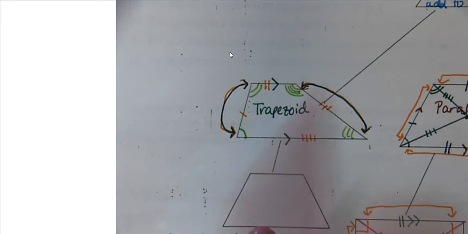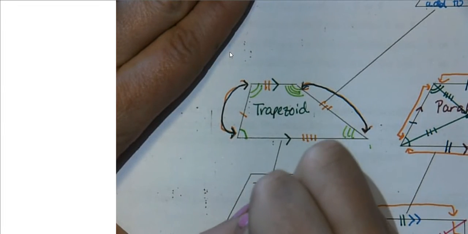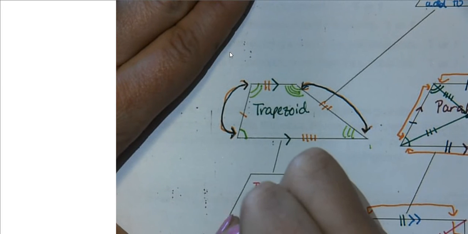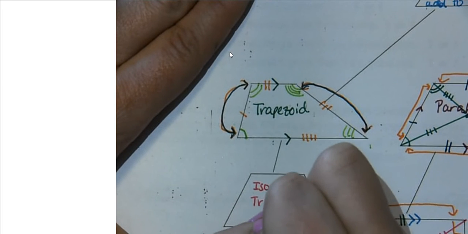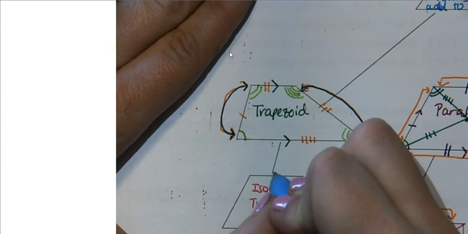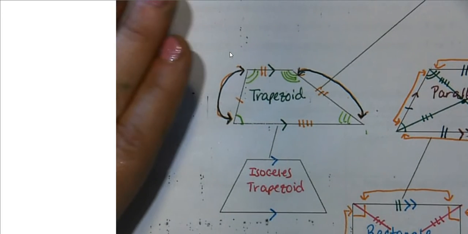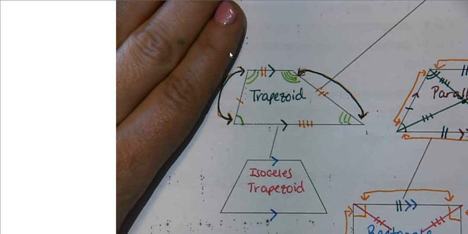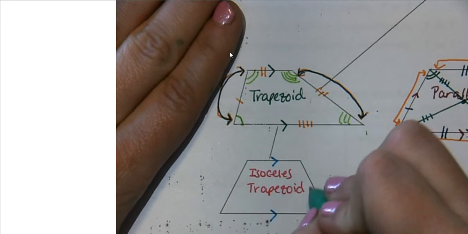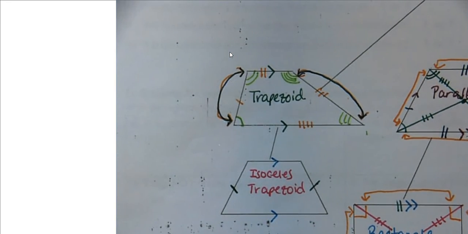Below it, we have an isosceles trapezoid. Because it is a trapezoid, that means that it has one pair of parallel sides. But this time, what makes it isosceles is that it has one pair of congruent sides, and those sides are the legs.